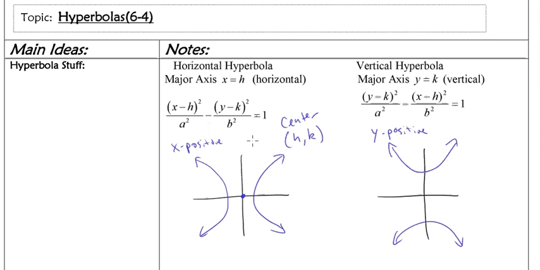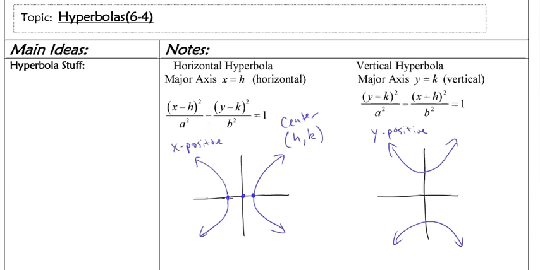Let's find some more pieces. We're still going to have vertices on our hyperbolas, where it's the farthest point, the maximum or minimum. How would you find out where these vertices are? You take your a and b values and take the square root of them.